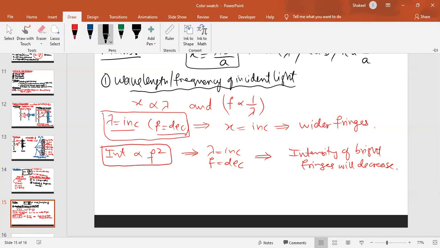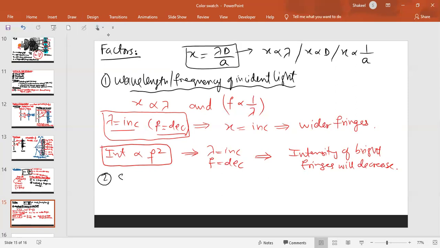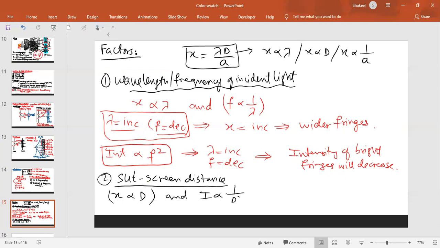Number two is slit screen distance. According to the relation, x is proportional to d, and for intensity, I is inversely proportional to d squared. So how it will impact is, if you increase the distance, then x will increase, meaning wider fringes will be there.